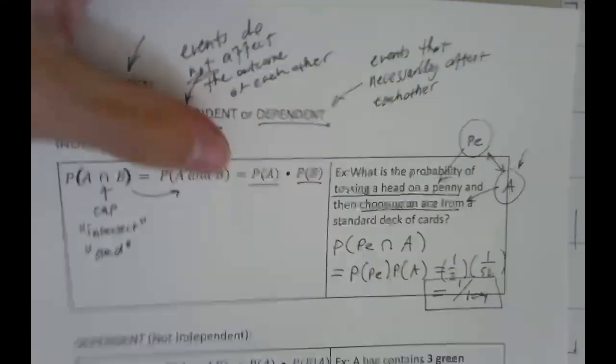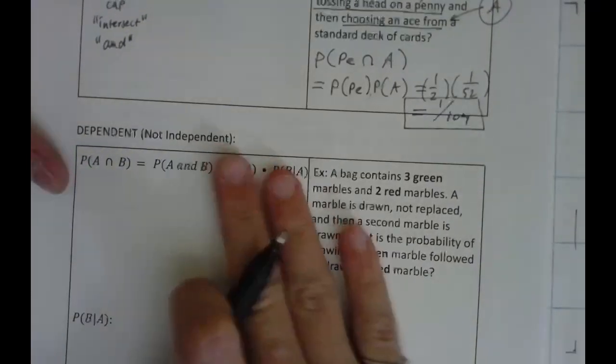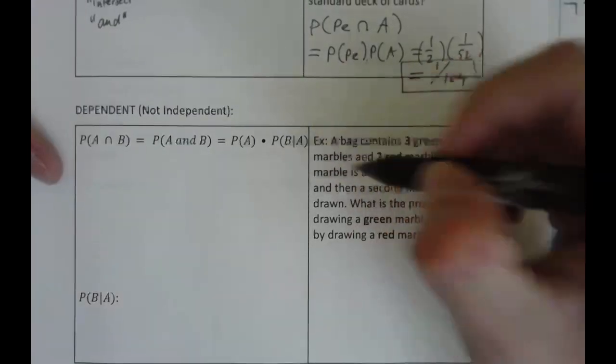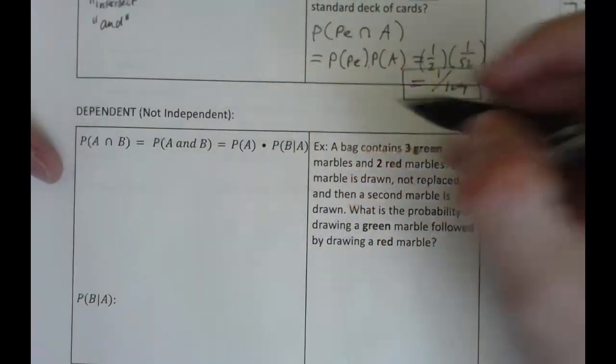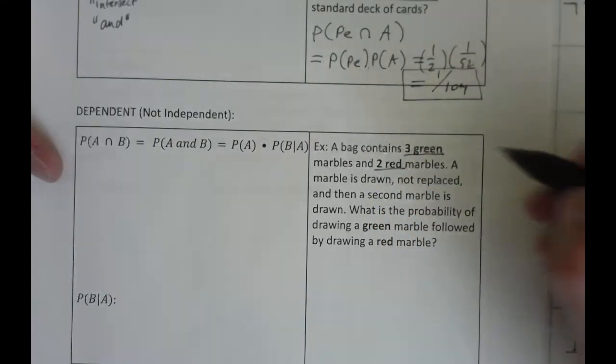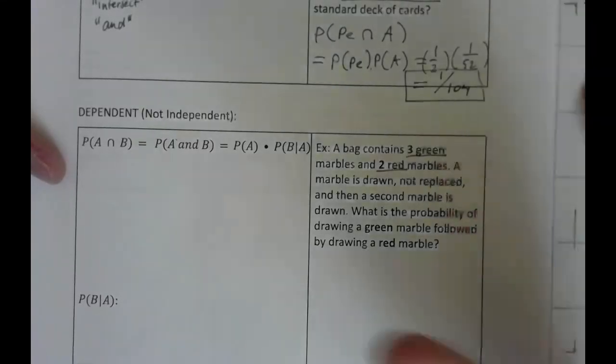Down here, I like this example. Before I get into this, I'm first going to read the example. Here's the dependent event. A bag contains 3 green marbles and 2 red marbles.